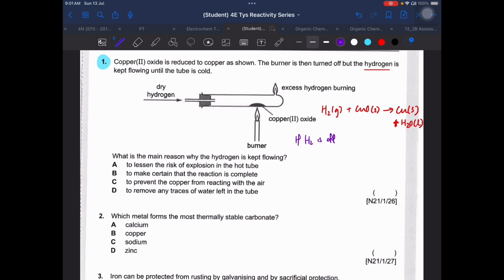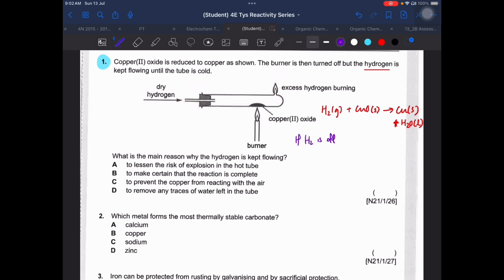Assuming that hydrogen is off, we notice that there is an opening over here and an opening over here. Once hydrogen gas is off, there will no longer be any gas entering, and no more hydrogen leaving from the top. So air from the surroundings can then try to enter through the opening of this test tube.